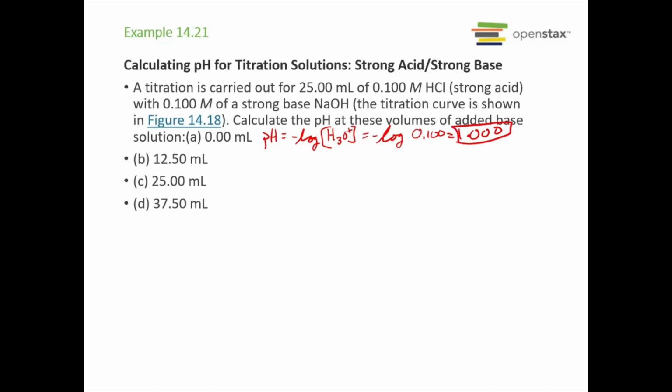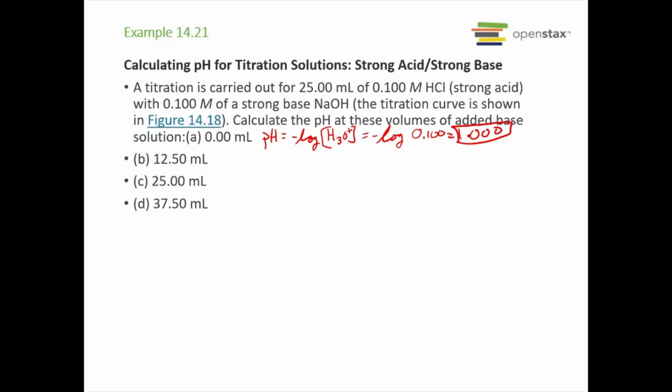Now for B, we've added 12.50 milliliters of base to the acid. Now you've added less than a stoichiometric amount of base, so the base is all consumed.